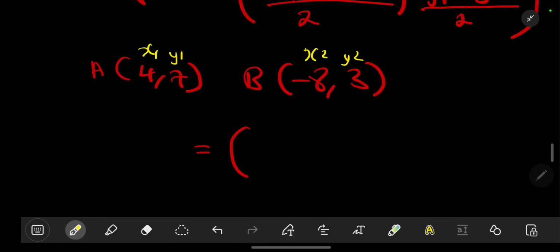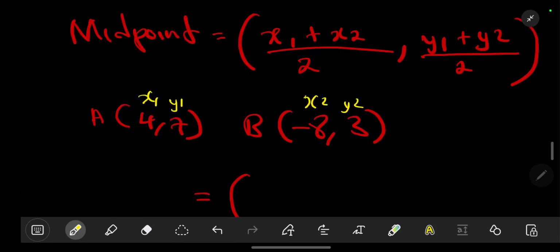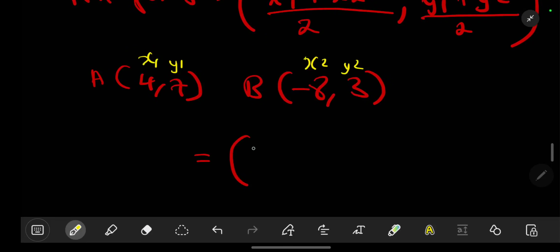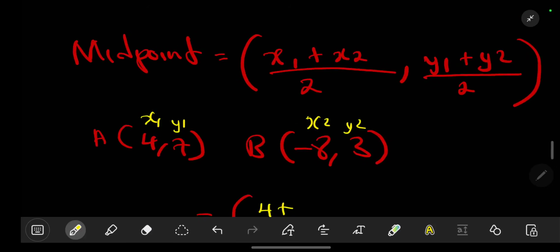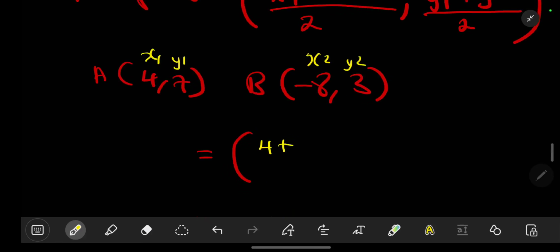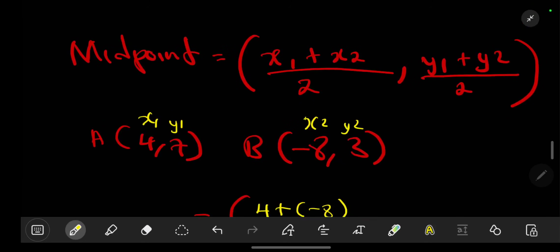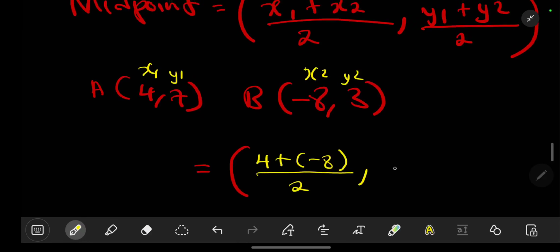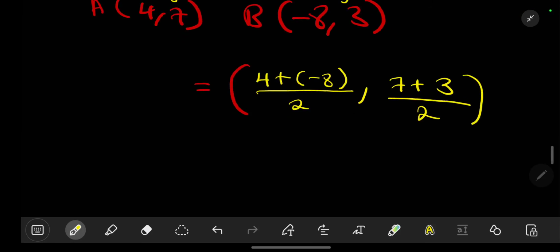The formula says x1 plus x2, so we have 4 plus x2, which is negative 8, over 2, comma y1, which is 7, plus y2, which is 3, over 2. This is going to give us 4 minus 8, over 2.